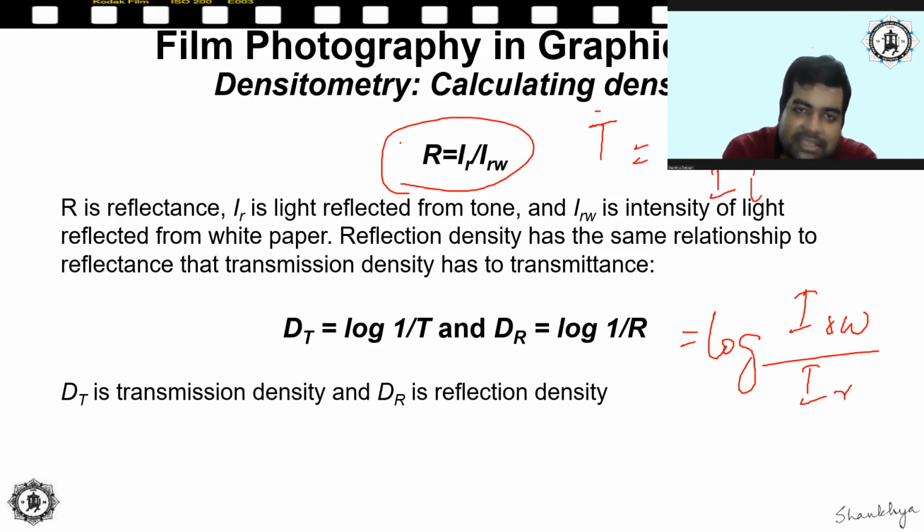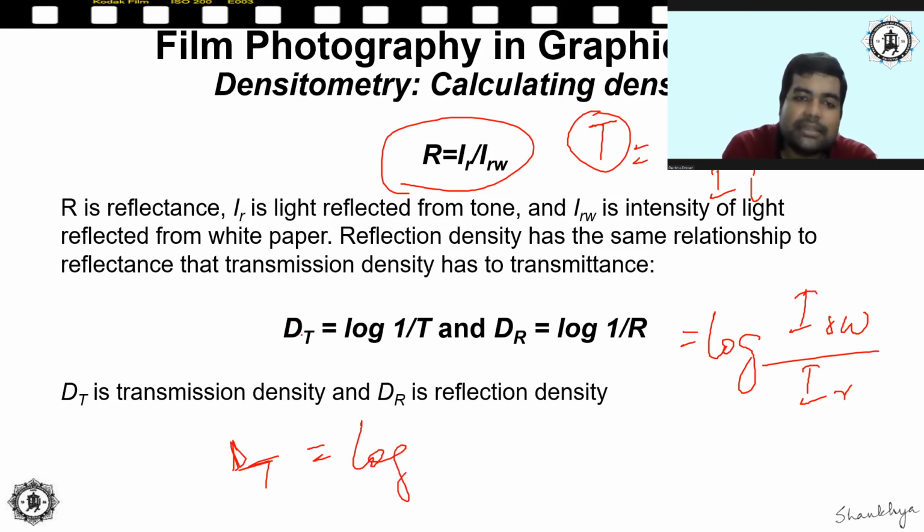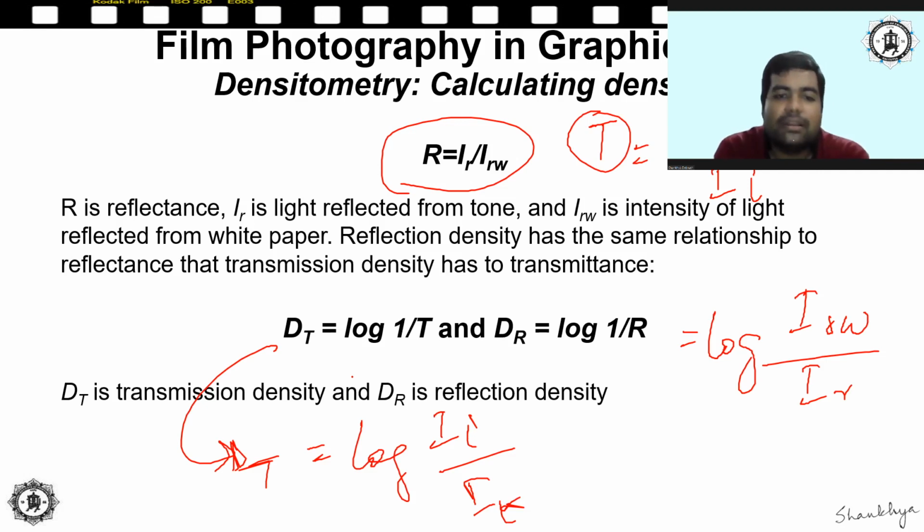So if this is transmittance, similar to reflectance, then the transmission density can be written as DT equal to log of 1 by T. If we expand this relation, DT will be equal to log of I by IT, right? Similarly, for DR also it will be log of IRW by IR. So this is how we mathematically calculate.